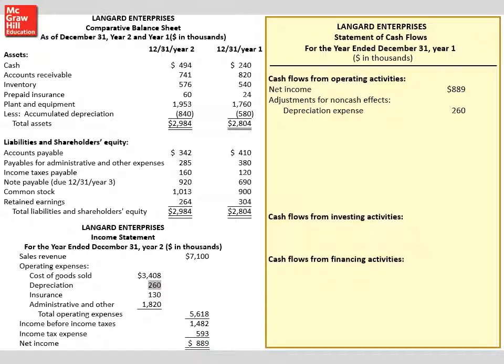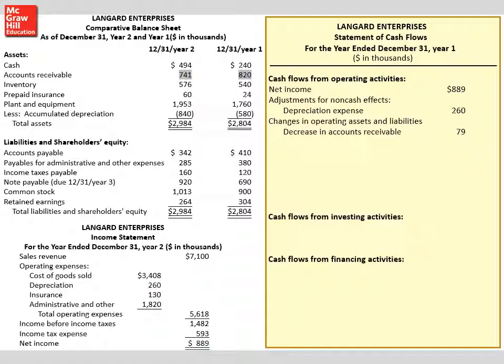Now let's look at the change in each current asset, except for cash, because that's what we're proving here, how cash changed from 240 up to 494. So accounts receivable, we take the difference. It looks like accounts receivable decreased. So if accounts receivable decreases, that means we received more cash.